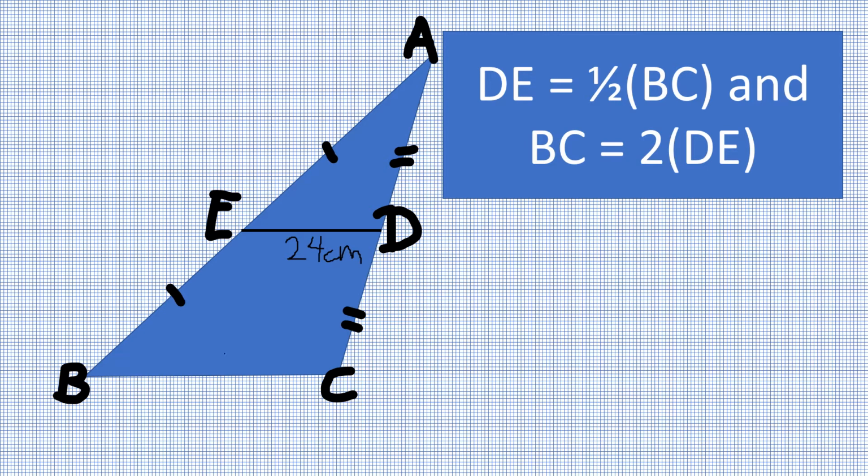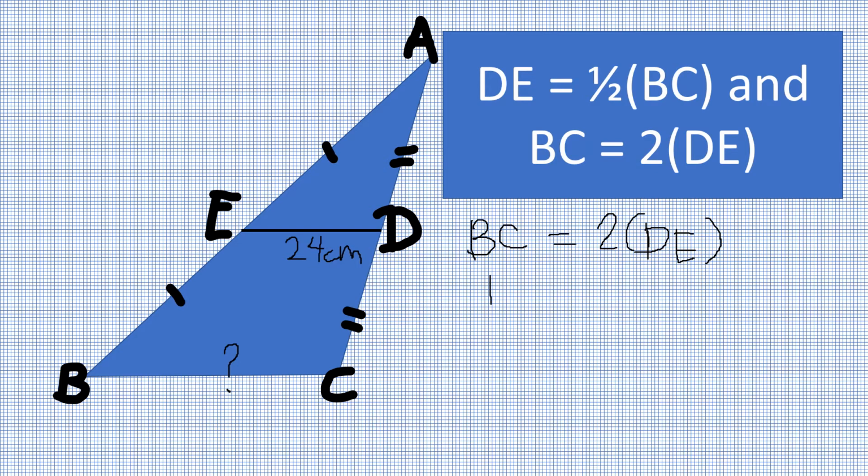Then what is the measure of side BC? This time we are going to use BC is equal to 2 times the measure of DE, since DE is parallel to BC.